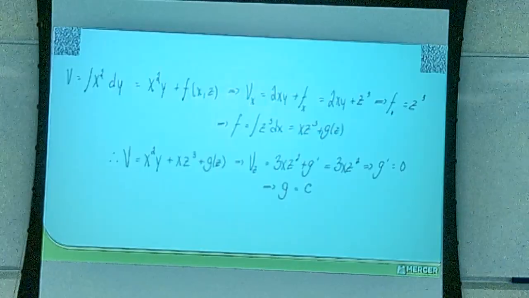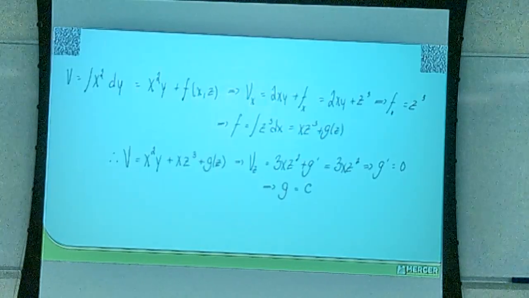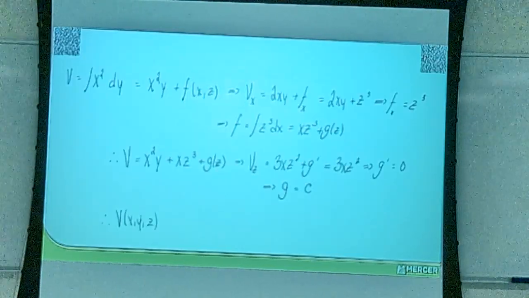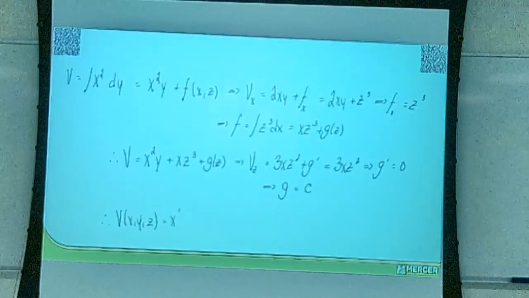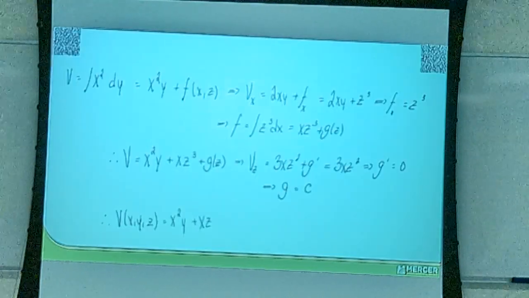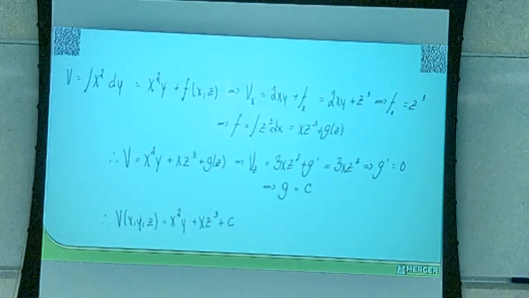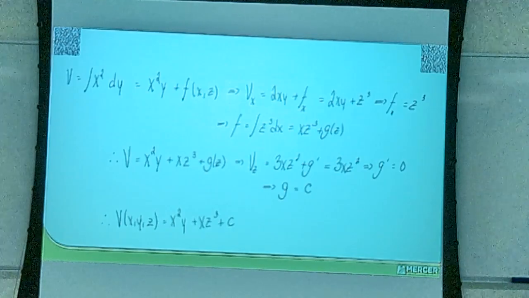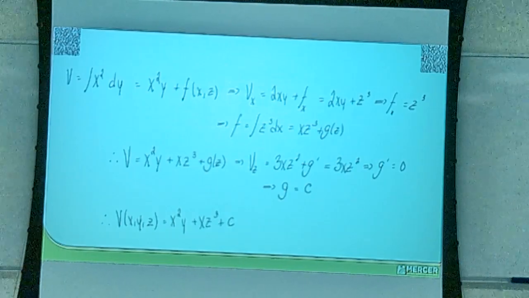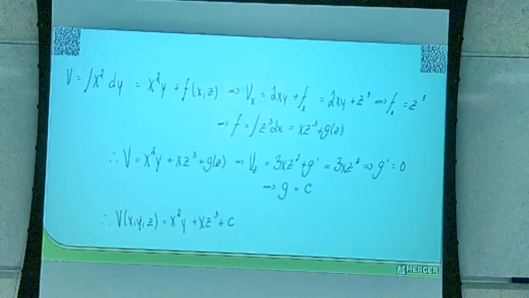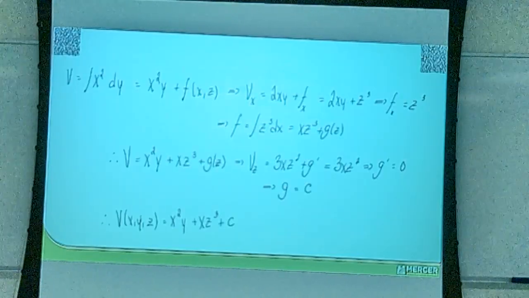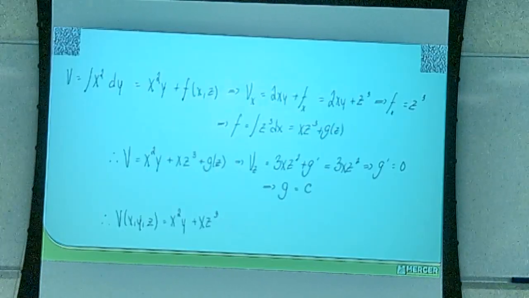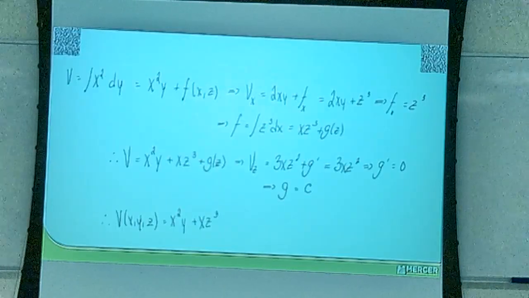That means g is just some arbitrary constant. Every potential function will be x squared y plus xz cubed plus some constant. We just need one potential function. So why not choose the function where the constant is 0? And say there's our potential.